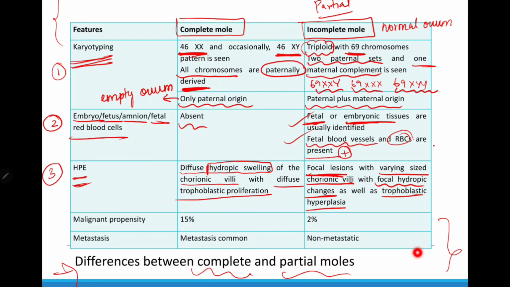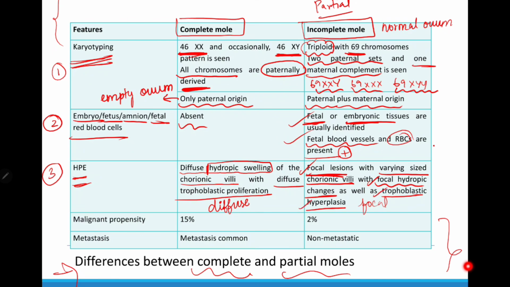So what are we seeing in a partial mole? In histopathological examination, there are focal lesions with varying sized chorionic villi with focal hydropic changes. Here everything is going to be diffuse in complete, whereas in partial everything is going to be focal, along with trophoblastic hyperplasia.